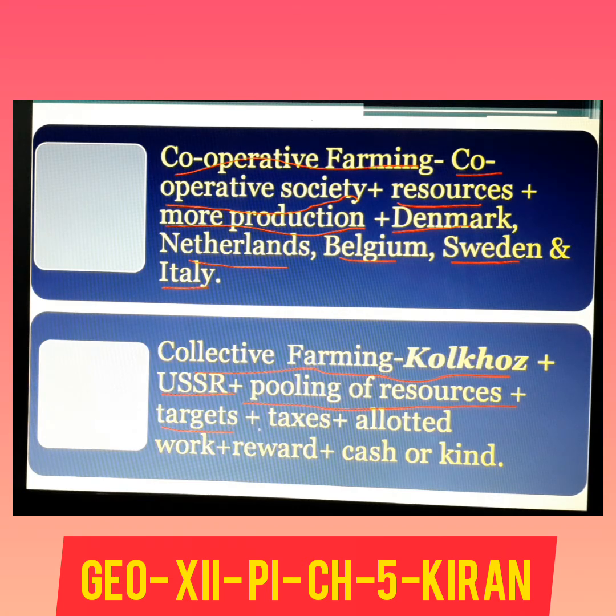The farmers have to pay taxes, and if the production is less than target, they have to pay heavy taxes. The government will allot the work to the farmers. In case there is higher production than the targets, the farmers are given rewards. Rewards may be in cash or kind.